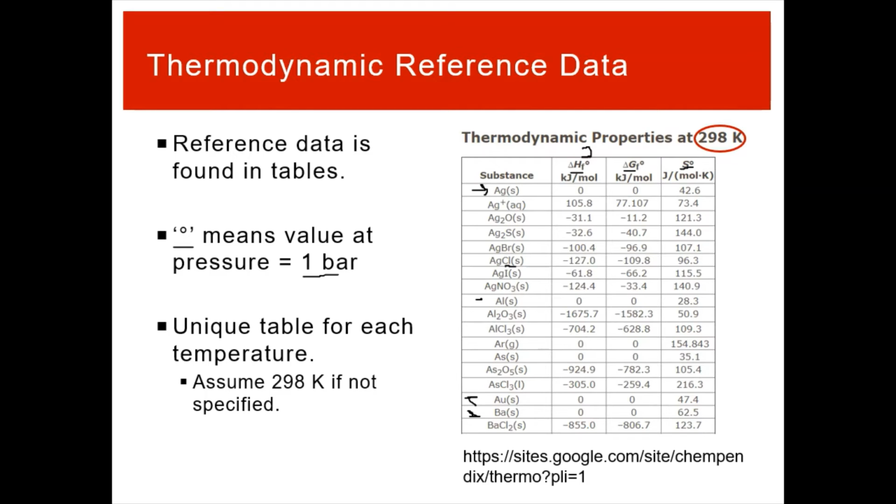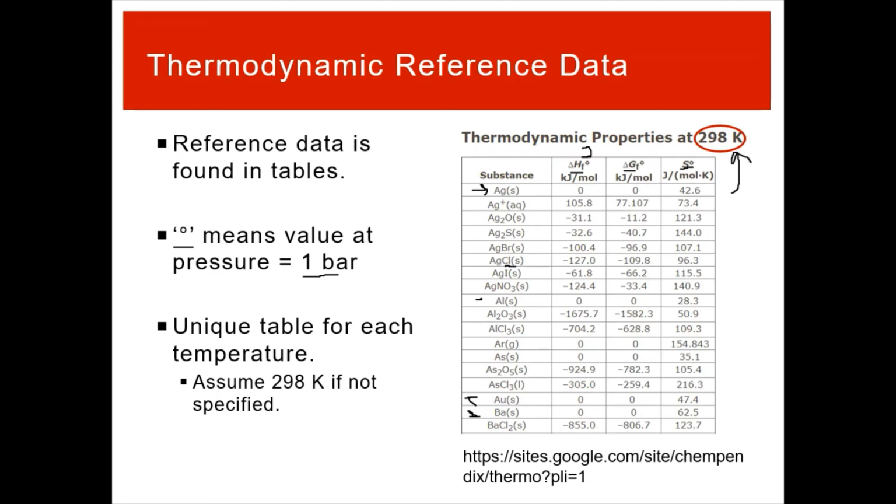You can generally assume 1 bar is the atmospheric pressure in most places, and it's very close to what we have here in Baytown. So that's a good approximation that we're always at 1 bar, or any calculation you're ever doing, any chemical reaction you're ever going to do is at 1 bar. You will note that the temperature is specified.